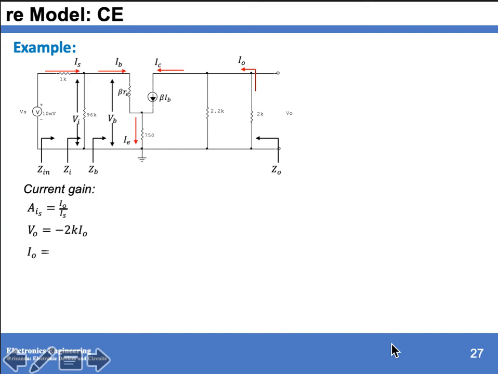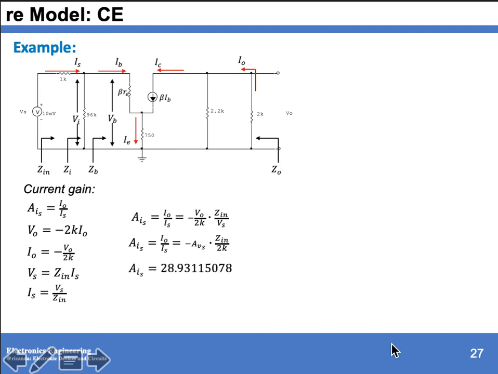For the current gain, just use the ABS formula. So we have negative ABS times impedance IN over 2K. So we have 28.93115078 as our current gain.